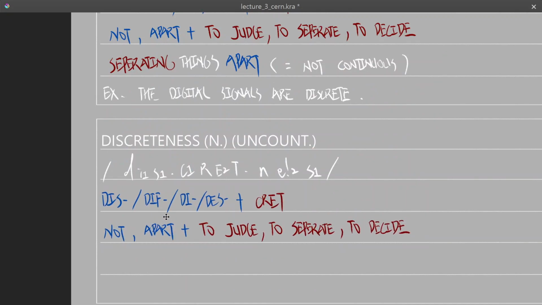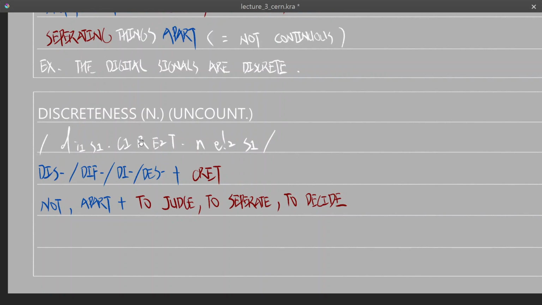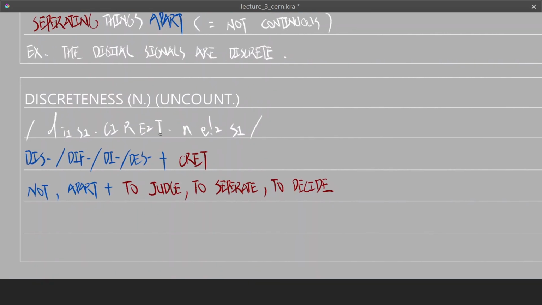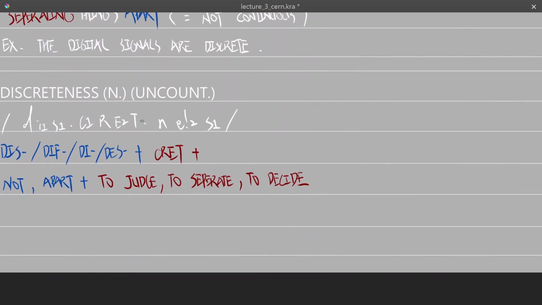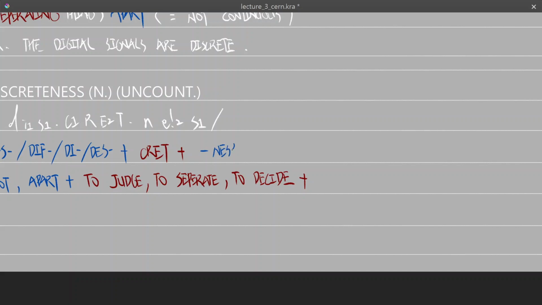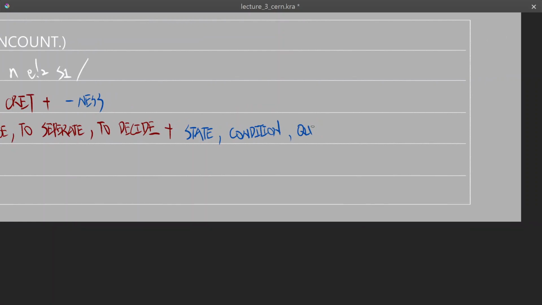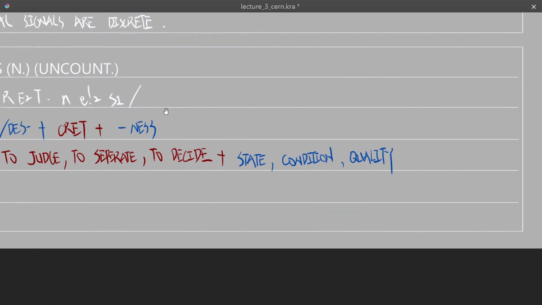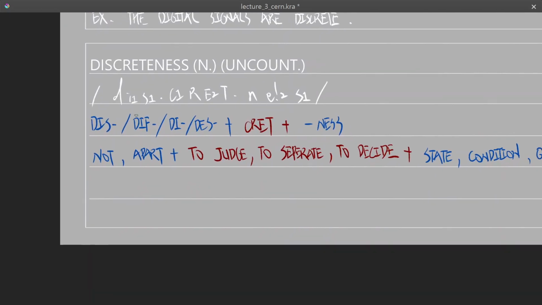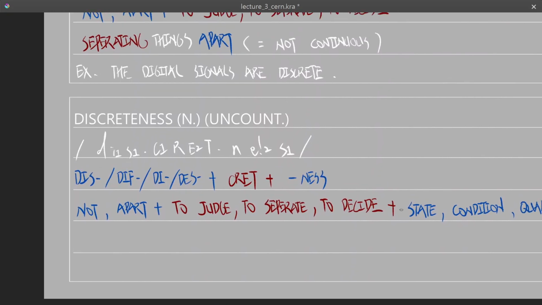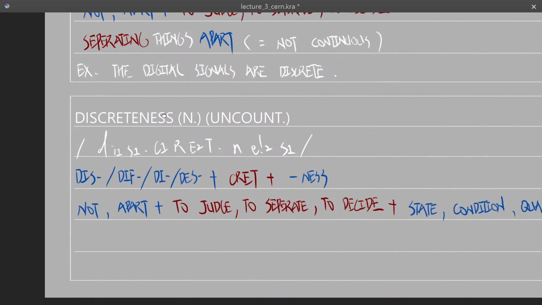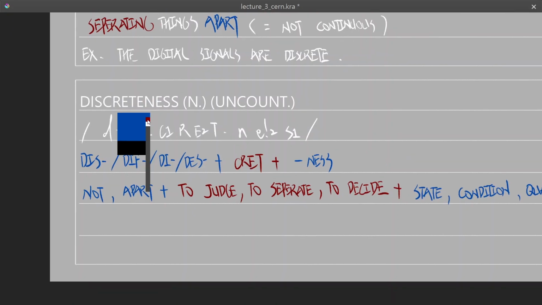And lastly, we have the noun suffix, which means state, condition, quality. So it literally means the state of separating things apart.